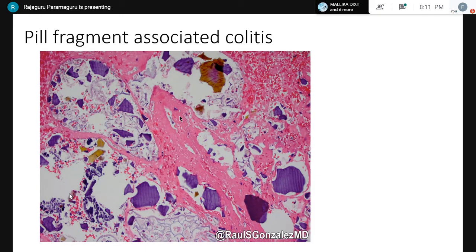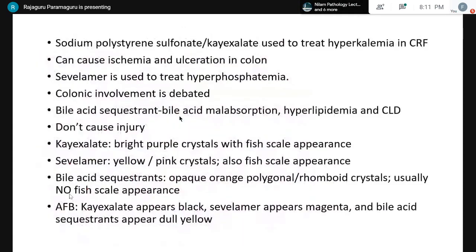So this is Kayexalate-induced colitis. Kayexalate is a drug which is used to treat hyperkalemia in chronic renal failure, and they can cause ischemia and ulceration in the colon. And there is another drug, sevelamer, which is used to treat hyperphosphatemia. But colonic involvement is debated. Some people say that it does cause ulceration, but it is not proved.